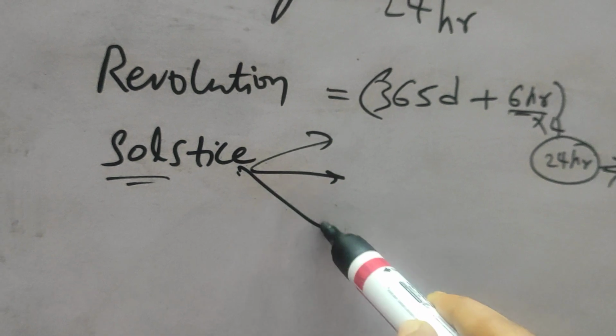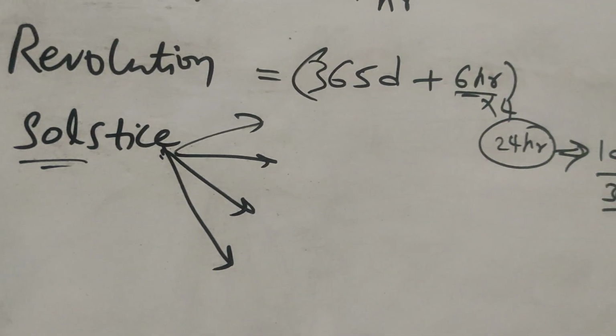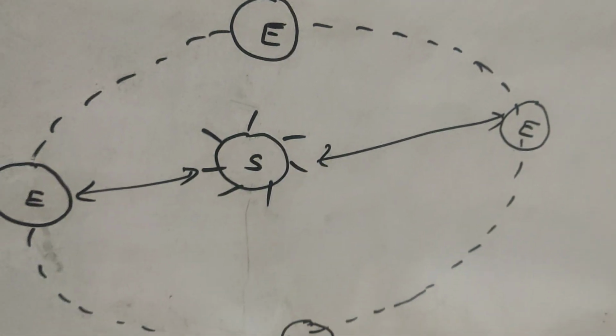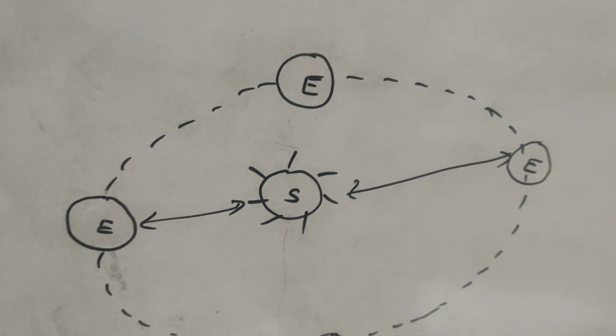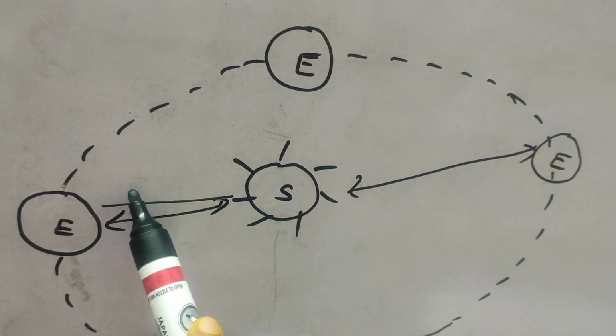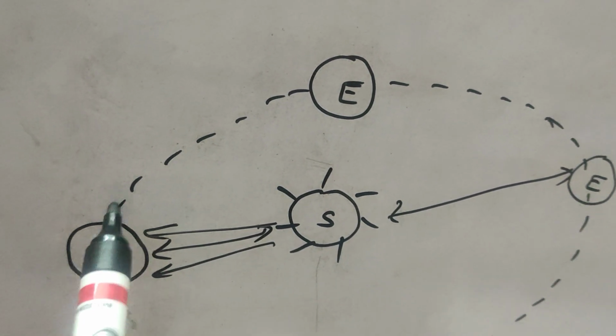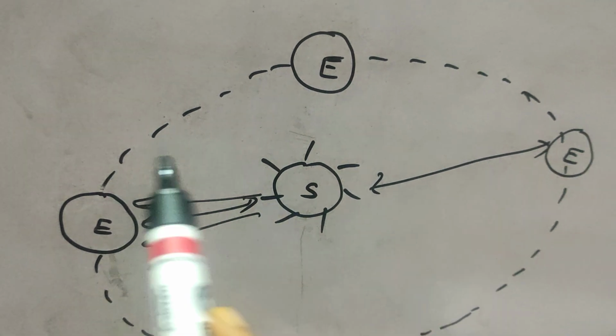Solstice in the sense there are 4 types in it. Okay, because of this earth's revolutionary phase, we can assume there are 4 types of solstice. Here we can see sun rays are direct onto the earth, isn't it? So yes, this is slightly tilted because of the axis of rotation.